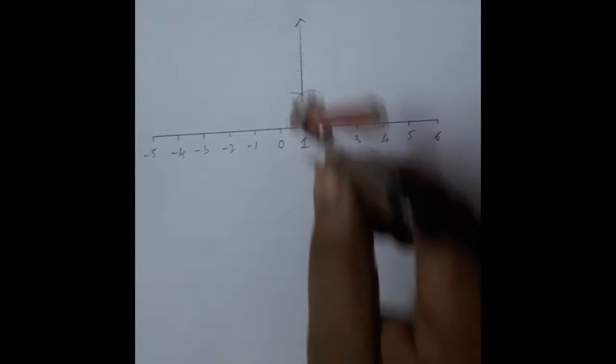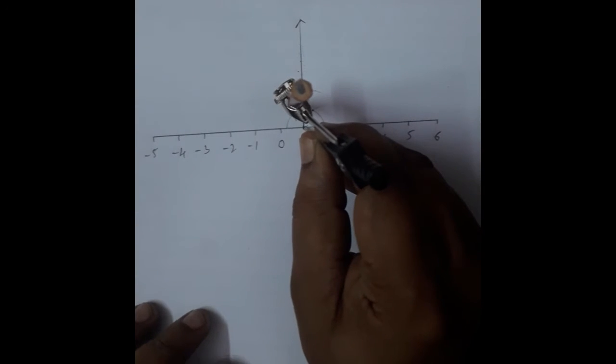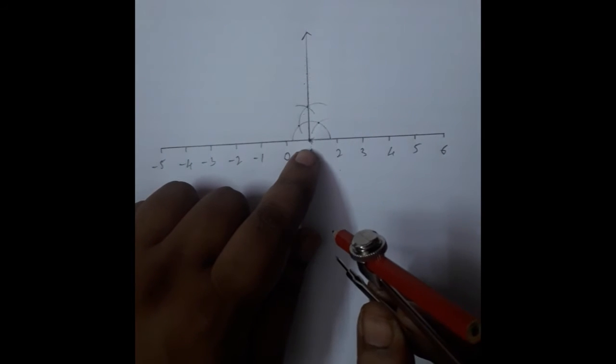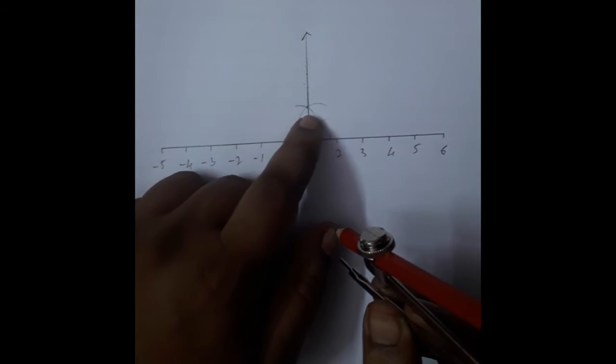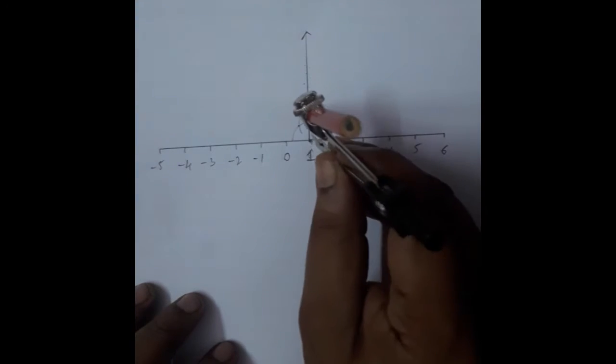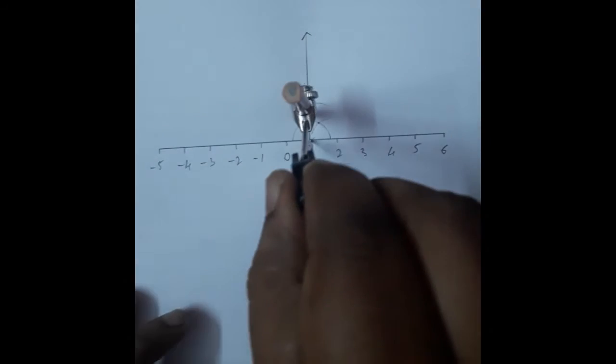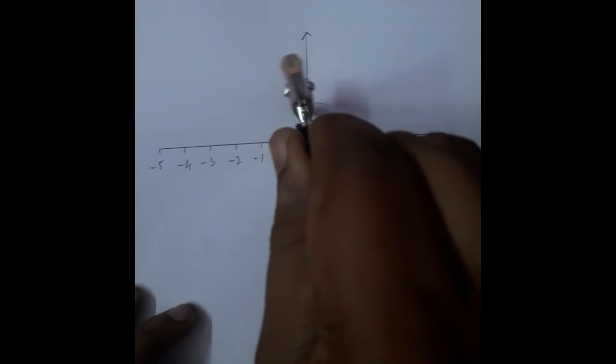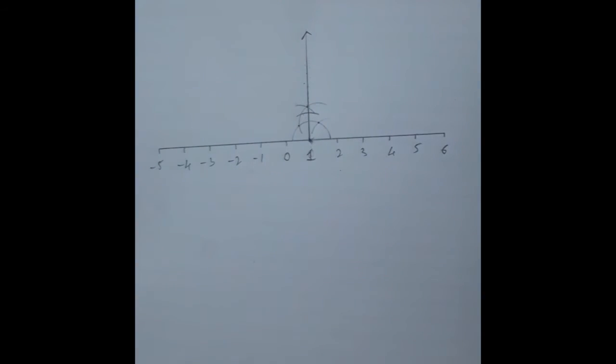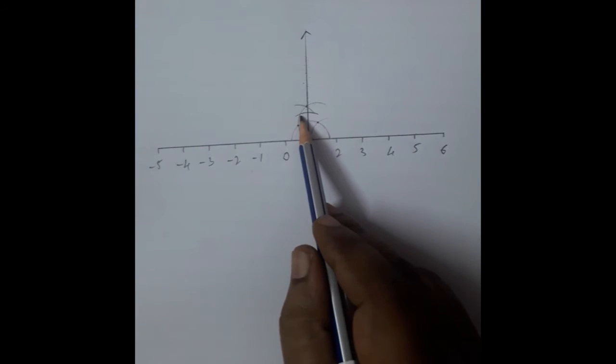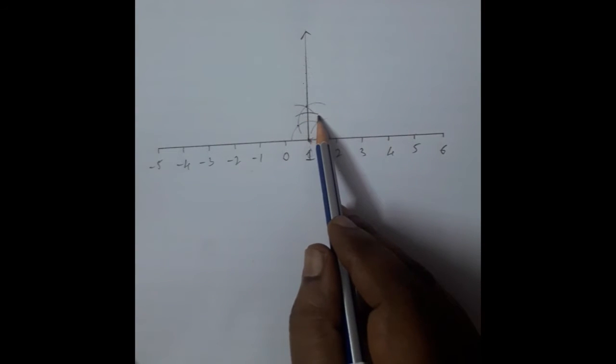Now we keep the point over here, that is at 1, and cut an arc on this line of unit length 1. Can you see the arc that is cut over here?